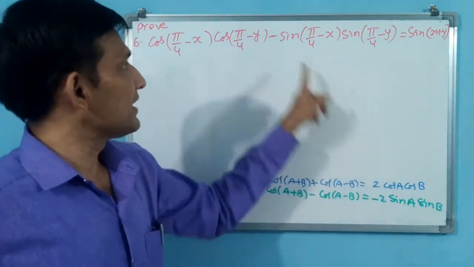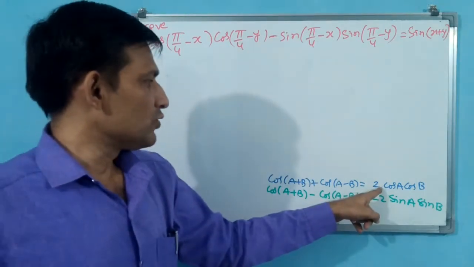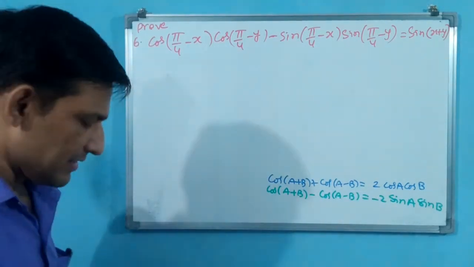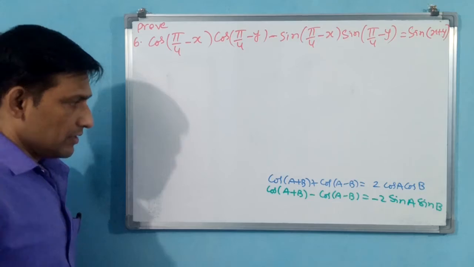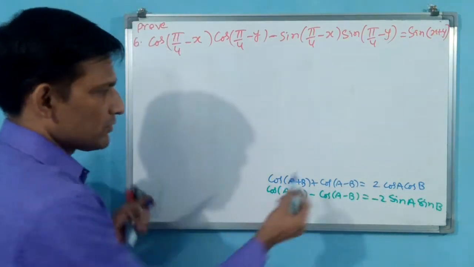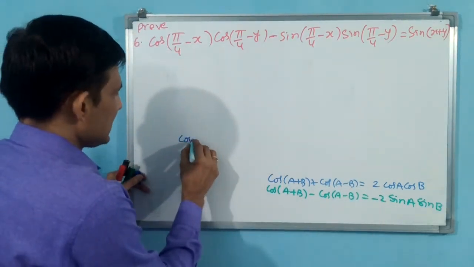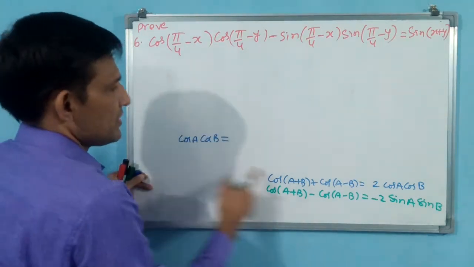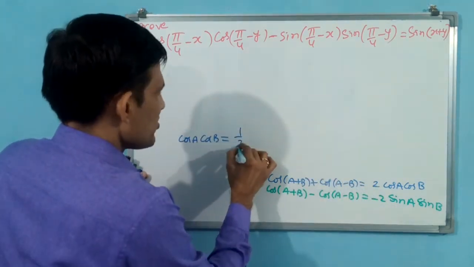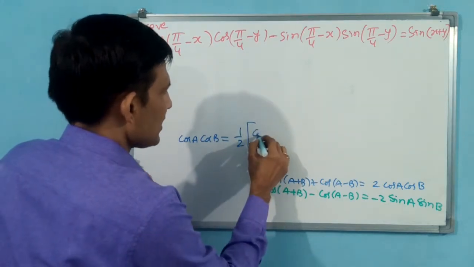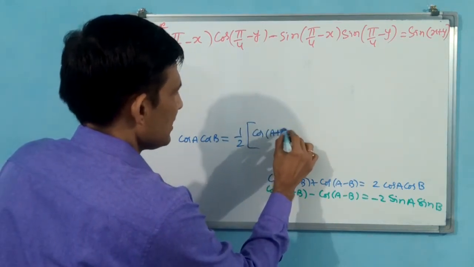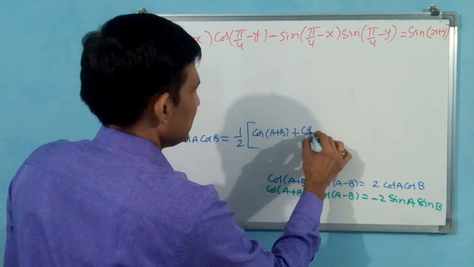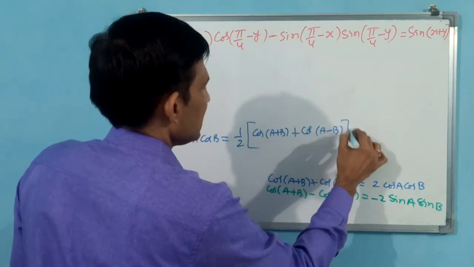Okay, but 2 is not there. Then what you have to do? This 2 you have to transfer this side. See, for this how you have to write? You see, cos a cos b is equal to 1 by 2 into cos of a plus b plus cos of a minus b.